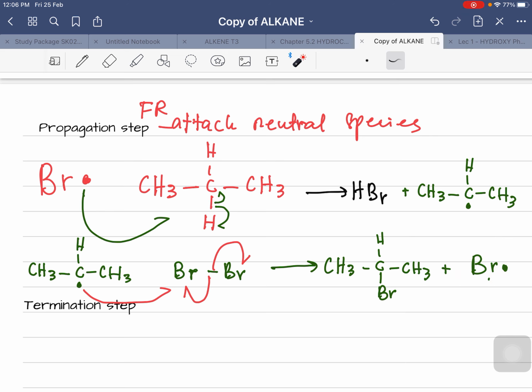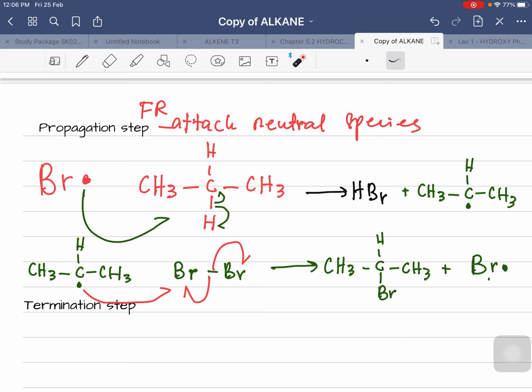So as long as the free radical keeps on attacking the neutral species, that is the propagation step. There are many more equations we can write to show free radicals attacking neutral species for the propagation step.